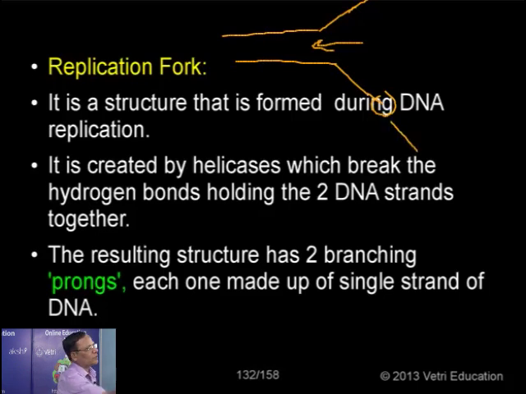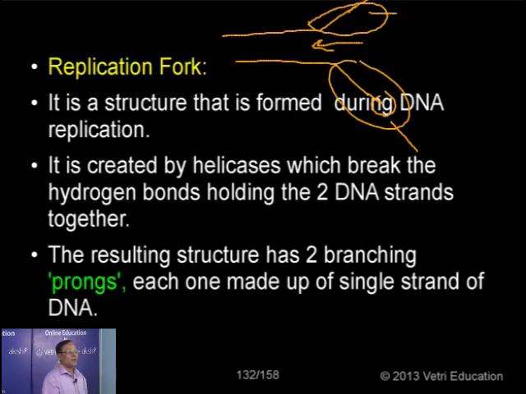This is prong number 1, this is prong number 2. Each is made up of a single strand of DNA, each prong, each limb. Each one acts as a template strand for the synthesis of the new DNA molecule.